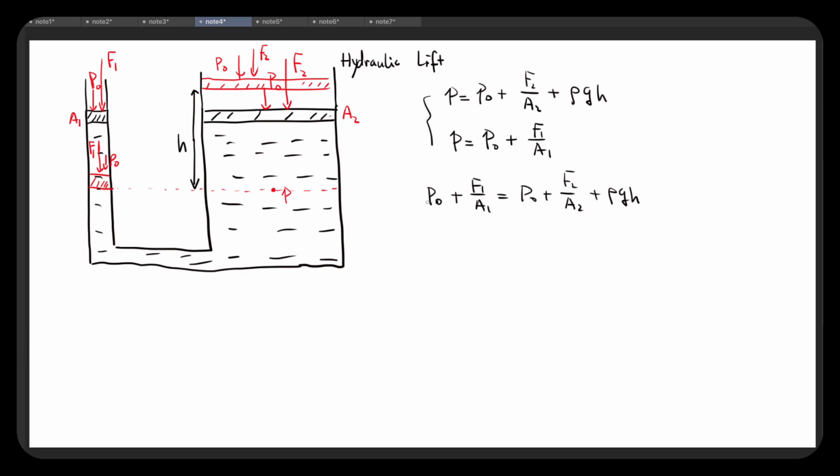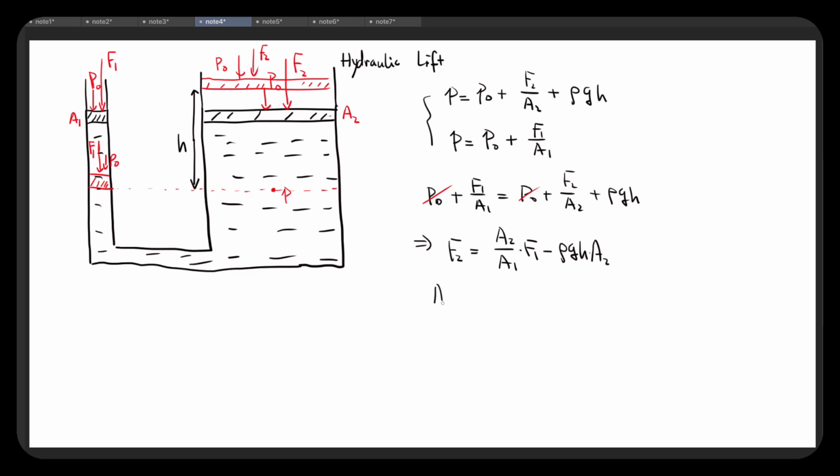The two P naught cancel out, and then we can also rewrite the equation for F2. So if I solve for F2, then F2 equals A2 over A1 times F1 minus rho g H times A2. So we multiply A2 everywhere, that's why the last term also gets A2.